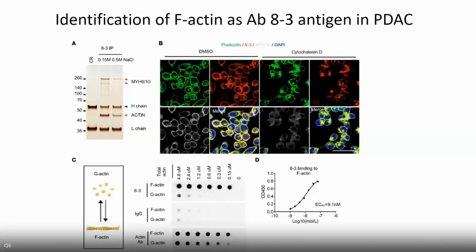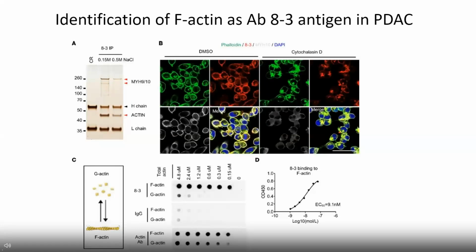We further decided to purchase actin, since actin actually exists in two different states. The monomer state called globular actin, and the polymer form called filamentous actin or F-actin here. So we generated in vitro, using polymerization or depolymerization protocol, the polymerized F-actin or the non-polymerized G-actin format, and then used a dot blot assay. As a positive control, the commercial actin antibody recognizes all the actins.